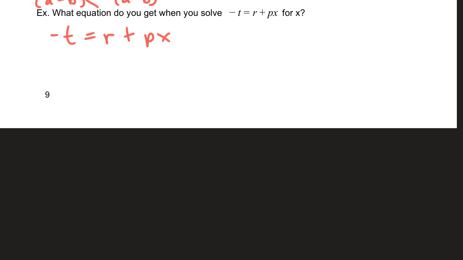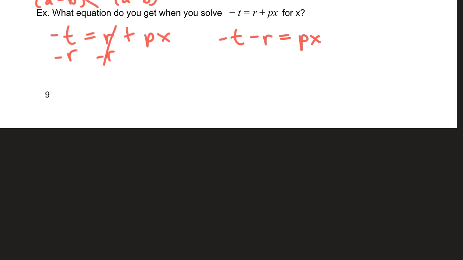So to solve this, the first step I would take is I would get rid of r. And the way I would get rid of r is I would subtract r on both sides. So to rewrite this, negative t and negative r are not like terms. So I would rewrite this as negative t minus r equals px. Okay?